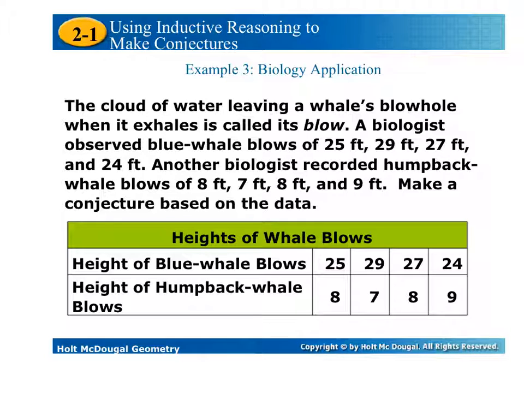So what can we tell already about the height of the blue whale blows? They're really high compared to the height of the humpback whale's blows. Even the lowest number of the blue whale blows, 24, is still a lot higher than the highest number of the humpback whale blows.